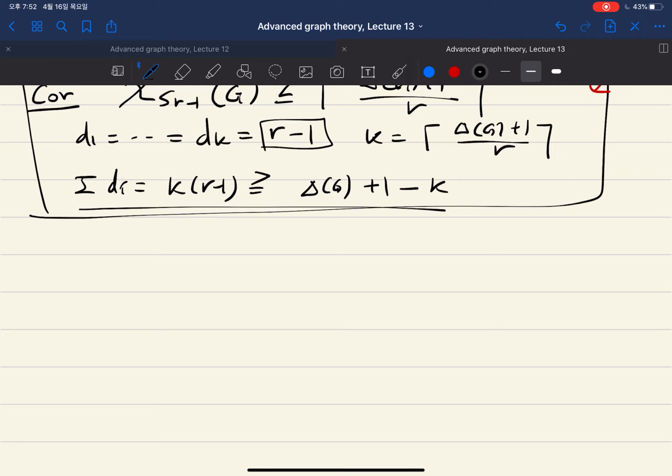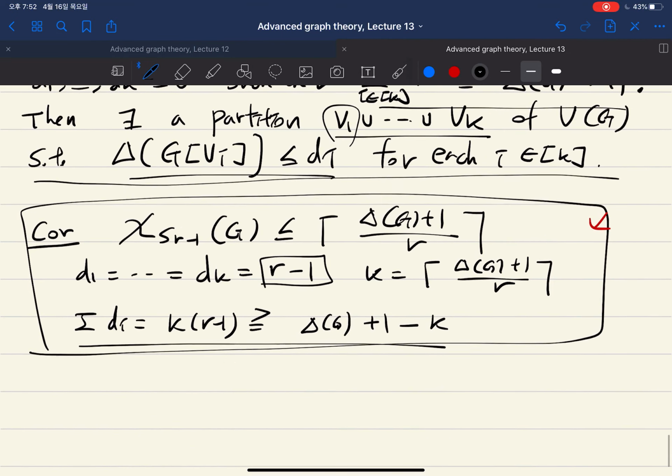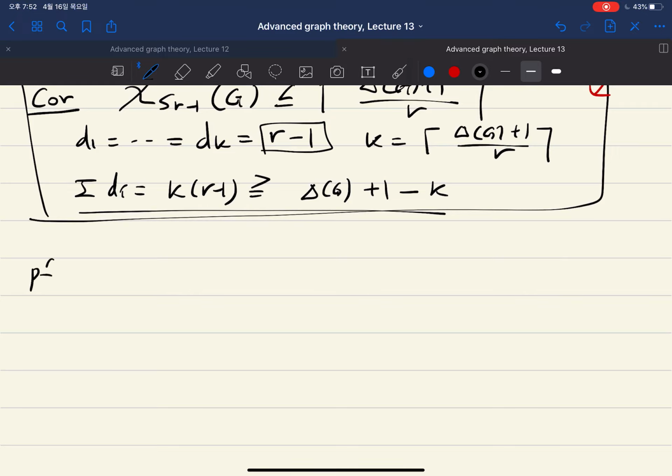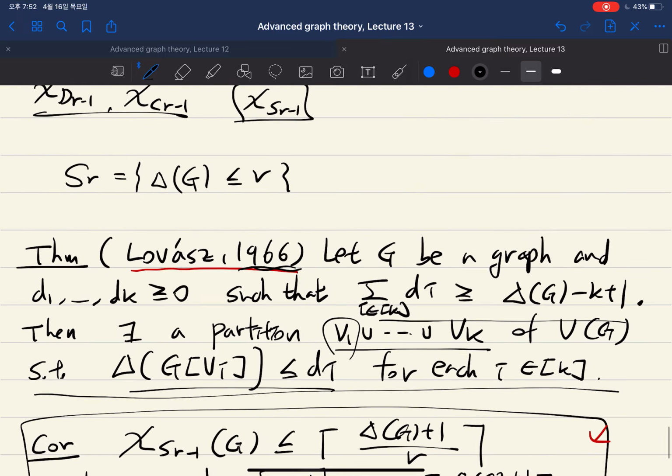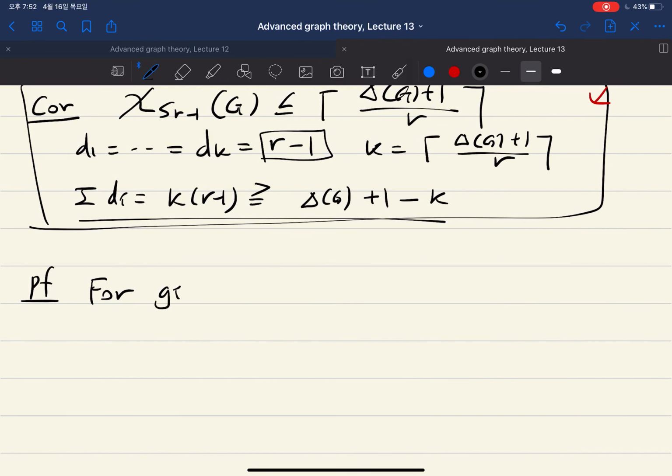Anyway, how do we prove this? We can prove it by considering some function defined from the partition, and then by the maximality of some choice, we automatically get what we want.